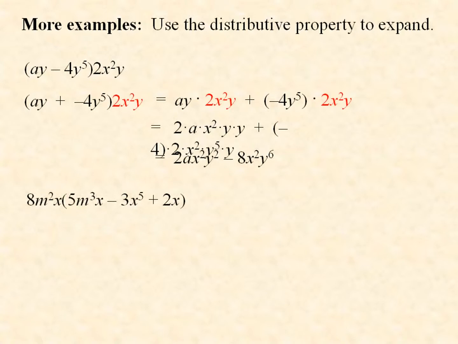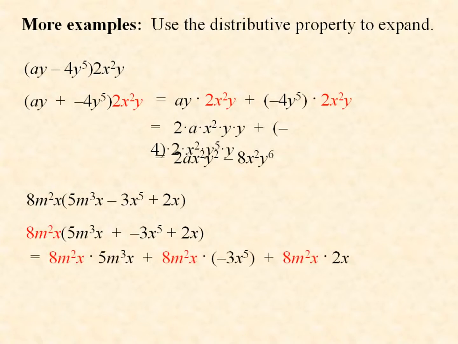Here's a slightly longer example. 8m squared x times the quantity 5m cubed x minus 3x to the fifth plus 2x. We will distribute the 8m squared x over each term in the parentheses.